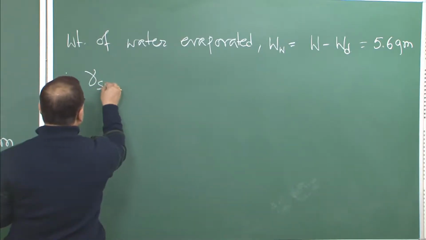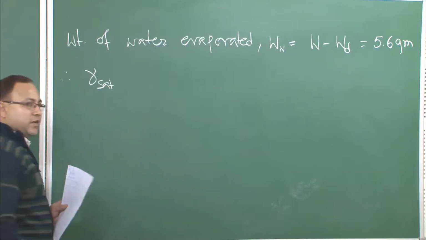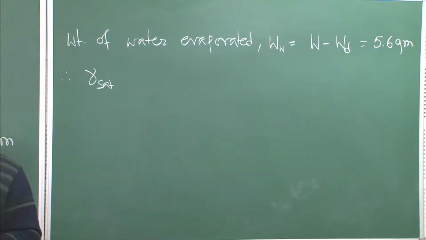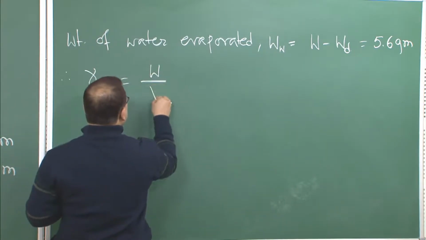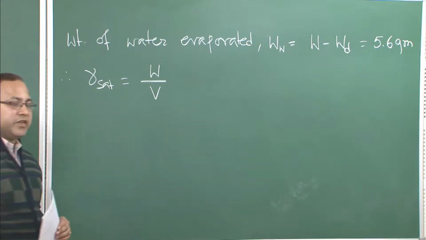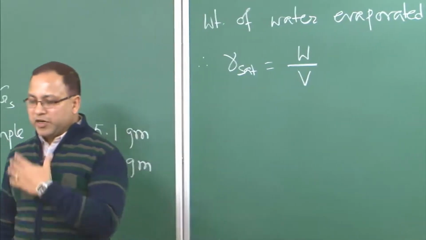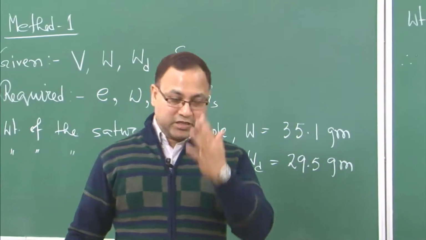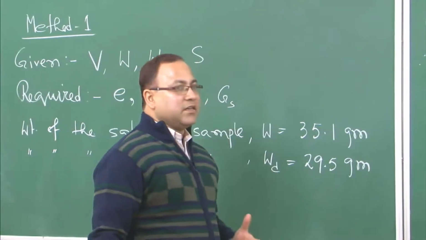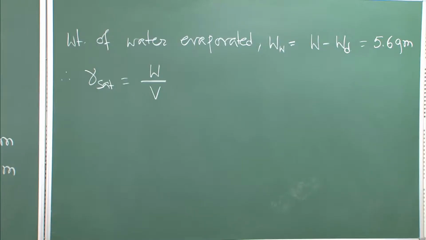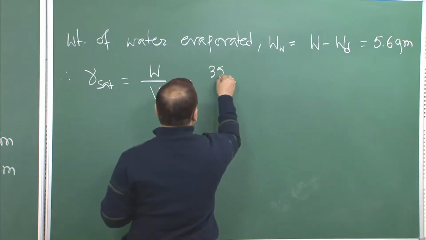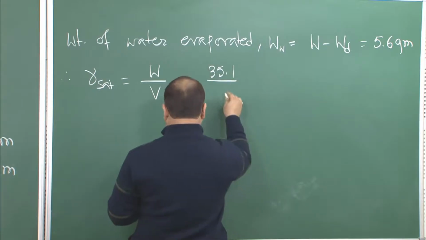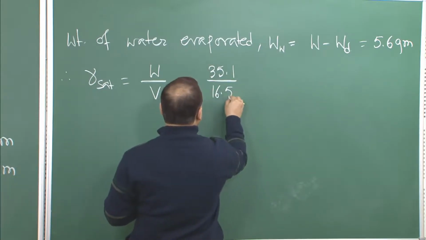Therefore, because the soil is saturated, I will be getting the bulk unit weight, which is nothing but your saturated unit weight, as we have seen already. These definitions we have covered in our previous lectures. So, gamma sat is equal to W by V, which will be 35.1 by 16.5.